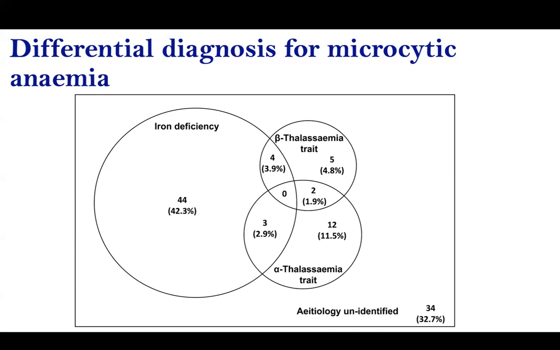But there are so many pediatricians we have seen continuing iron for years and years without a proper response. So you need to know there's something called alpha thalassemia trait existing in this country, which can cause microcytic anemia similar to iron deficiency, but will not respond to iron treatment.